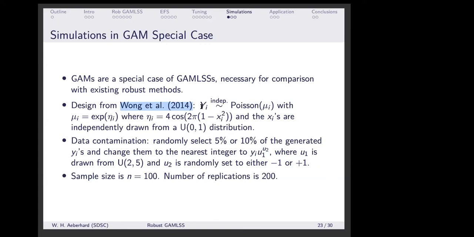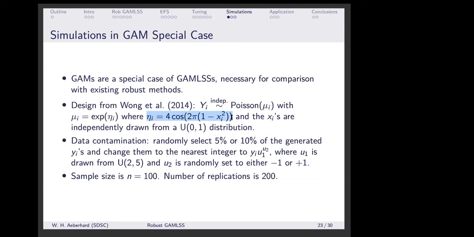Here the response variable follows a Poisson distribution. They're all independent, and the mean μi has a log link, unsurprisingly. There is only one covariate really involved here, xi. And the smooth function we're trying to approximate is basically a sine wave. It's a single period of it that we're trying to capture in a non-parametric way.